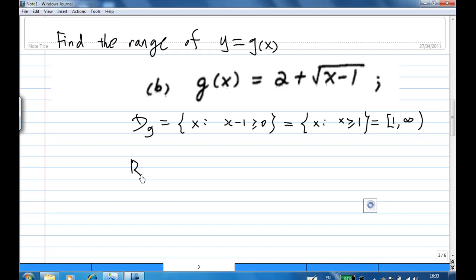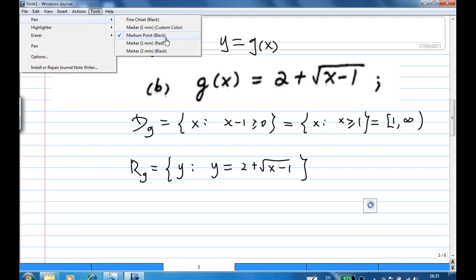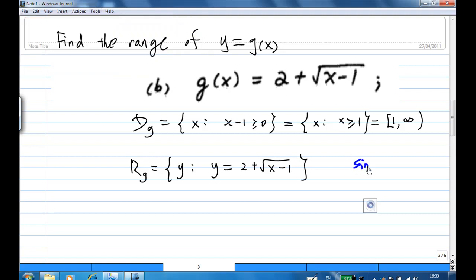How about the range of g? How can we find the answer? This is the collection of y here, where y = 2 + √(x − 1). But we know that since √(x − 1) is a number greater than or equal to 0, when you add 2 to both sides, 2 + √(x − 1) will be greater than or equal to 2.